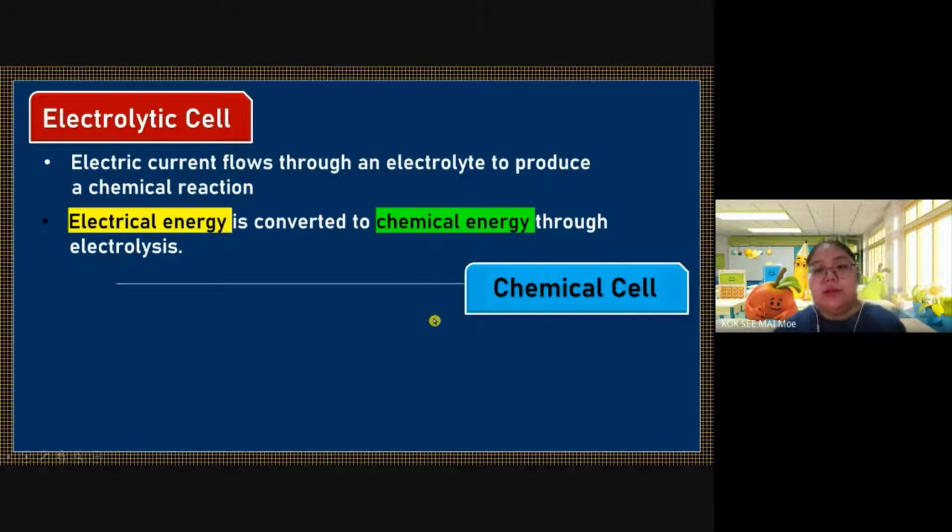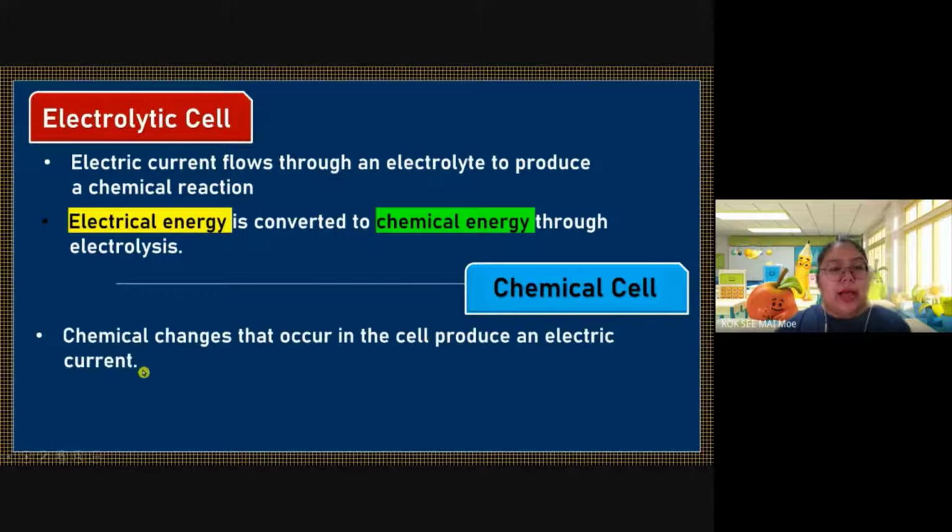Now we go to the chemical cell, which is the reverse. Chemical produces electricity. Chemical changes that occur in the cell produce an electric current. That is called a chemical cell. Make sure you differentiate between the electrolytic cell and the chemical cell.